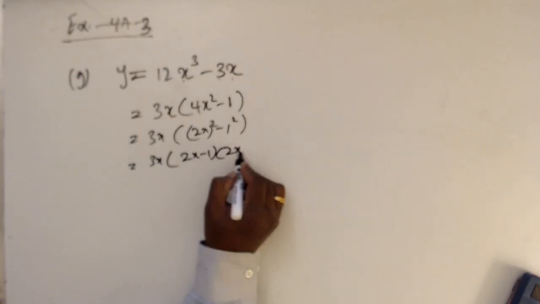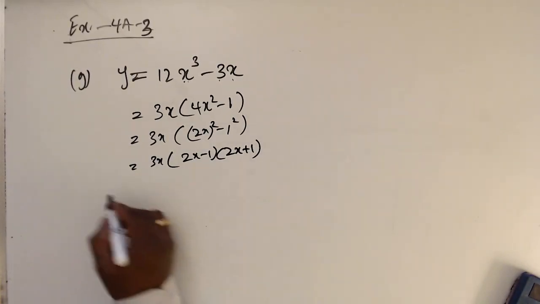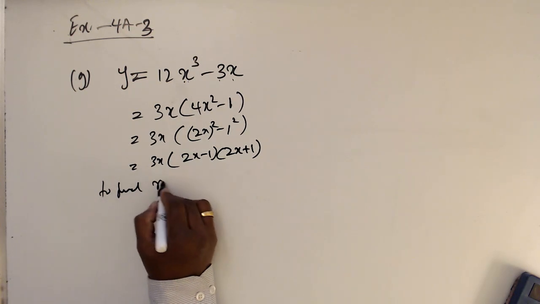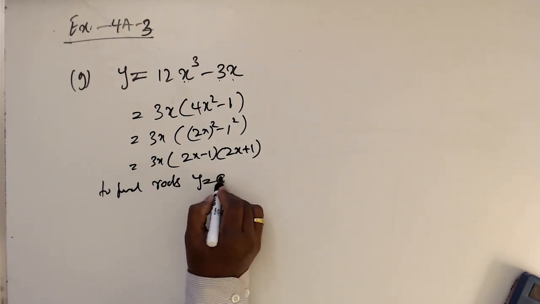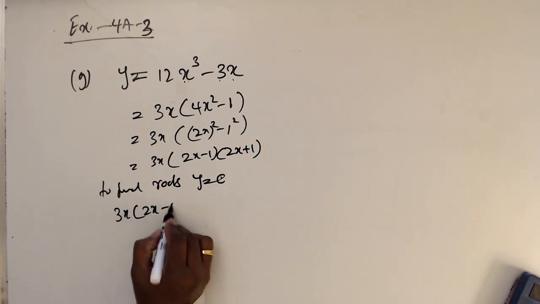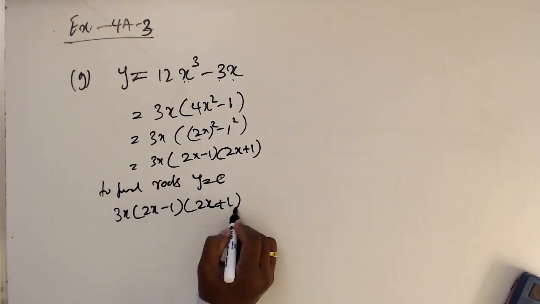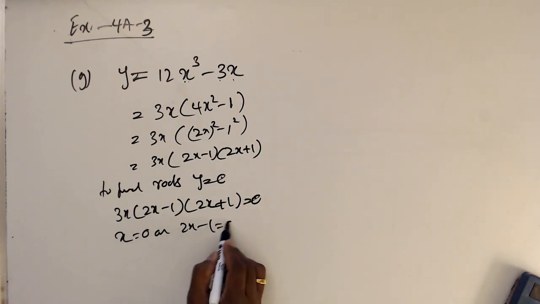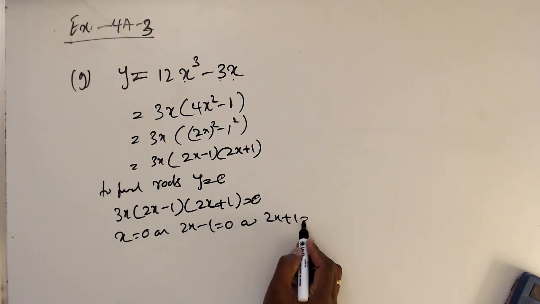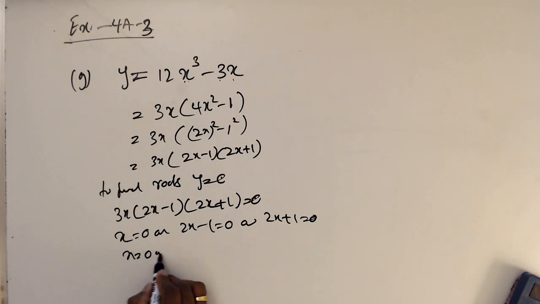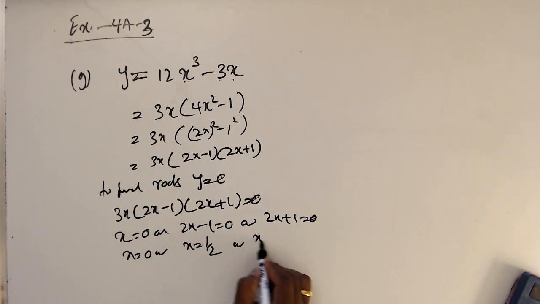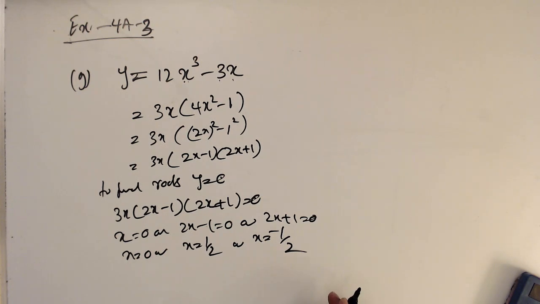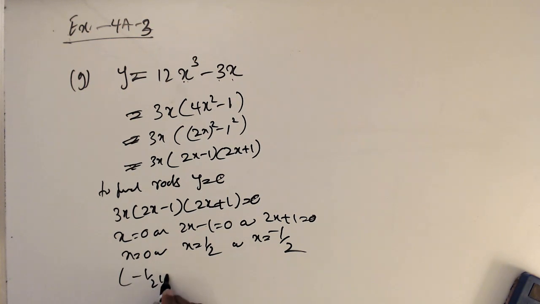To find the roots, y equals 0, then 3x(2x − 1)(2x + 1) = 0, so x = 0, or x = 1/2, or x = −1/2. So the roots are (−1/2, 0), (0, 0) and (1/2, 0).